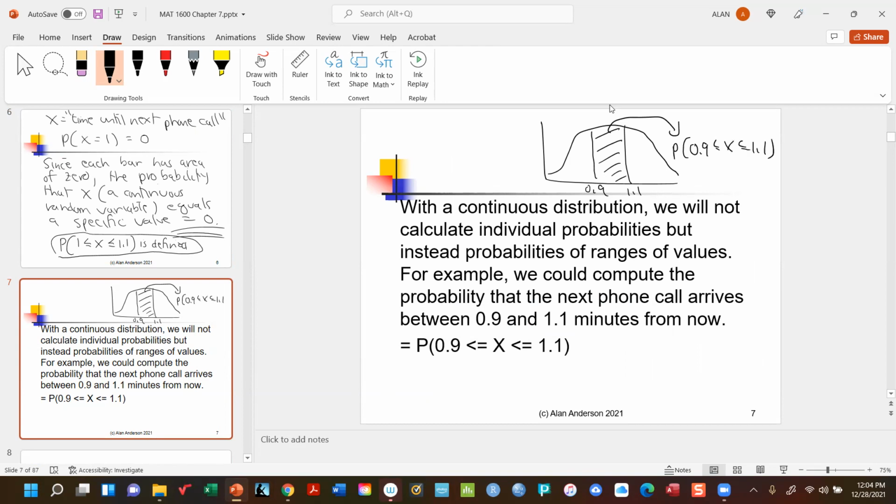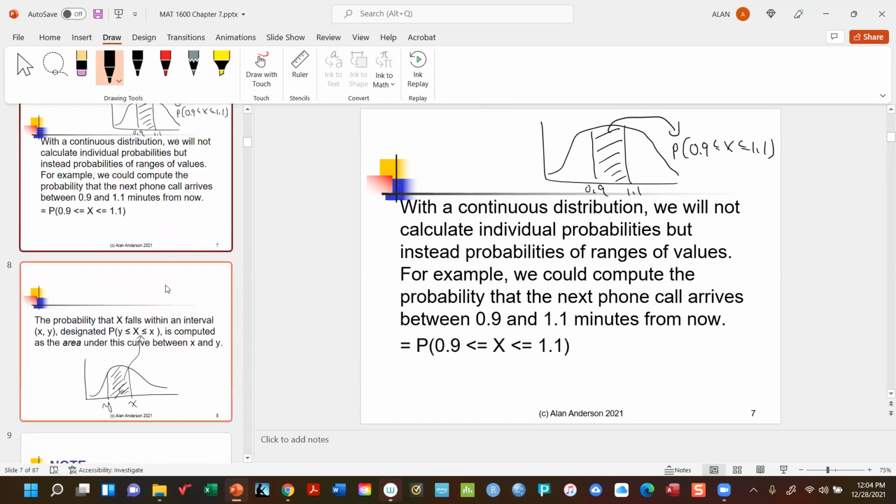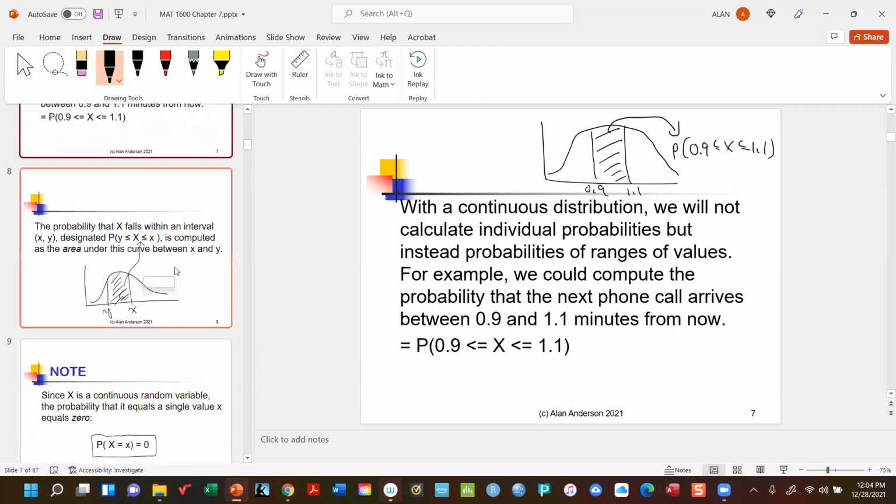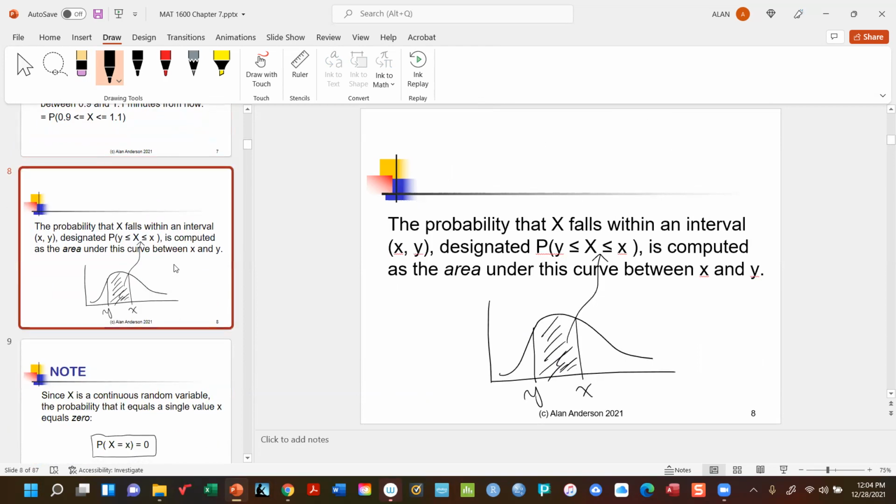So again, we're focused on areas now. And in the most general terms, the probability that x falls between y and little x is the area under that curve between those 2 points.